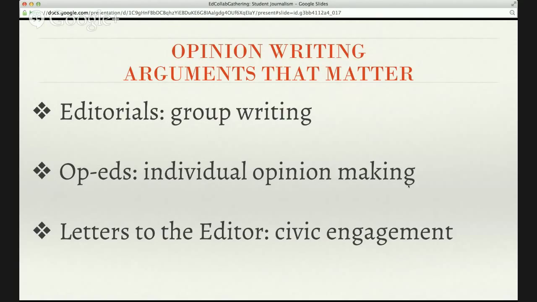You can have the entire news team, so your need-to-know team or your want-to-know team, write a group editorial. The idea of an editorial is that it's an opinion piece that is co-authored, or at least authored after much consultation with a group of people. It's unsigned, there's no name attached to it, and it expresses the opinion of the editorial board.